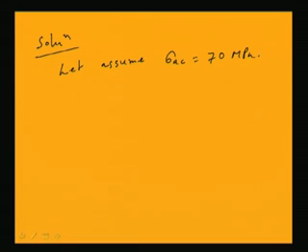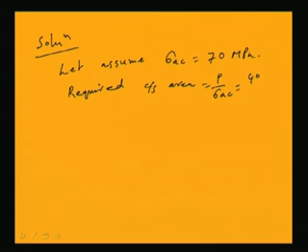So, if we go for the solution, first we will assume some allowable compressive stress, which is sigma AC. Say for strut, let us assume 70 MPa. So, the required cross sectional area will be P by sigma AC, that is 40 kilonewton divided by this.